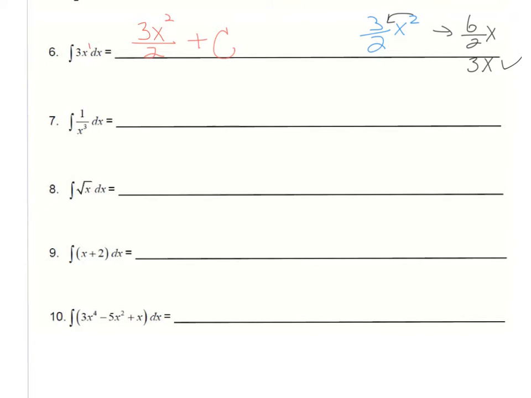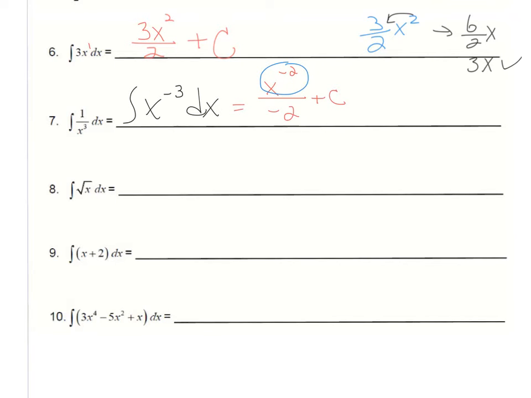Just like with derivatives, you cannot take an antiderivative with a variable in the denominator. So we have to rewrite our exponent so that it's negative. Now I can do the simple power rule. -3 plus 1 divided by the new exponent.